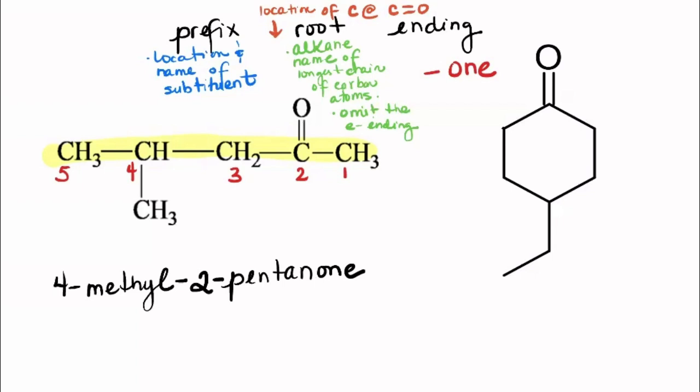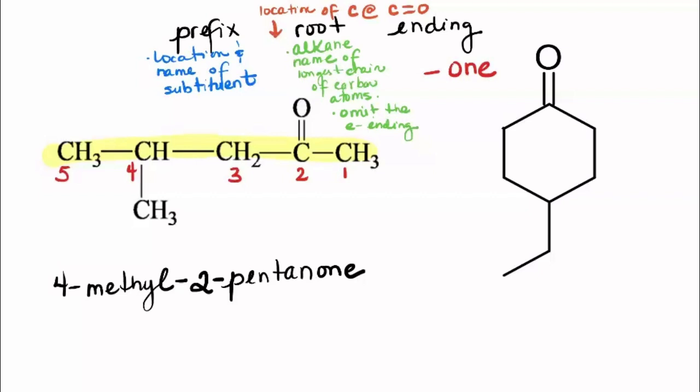Ketones can be cyclic. And when ketones are cyclic, the rules that I set up for going from structure to writing the name are going to be like I just outlined for you. First, we're going to find the root, which is the alkane name of the longest continuous chain of carbon atoms.